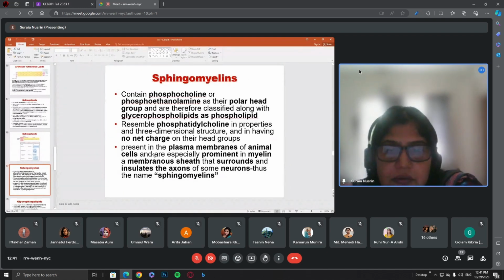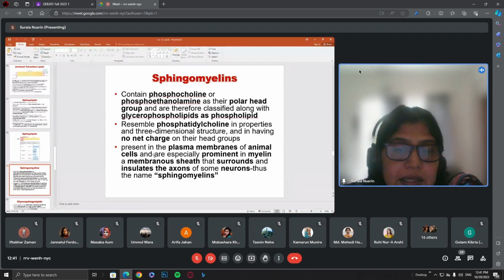Okay, because the backbone is different but the head group is the same, and the head groups are also attached to the backbone by a phosphate group. That means the bond is called phosphodiester bond. So regarding that part, they have similarity. So we can also place them under the glycerophospholipid as the phospholipid.